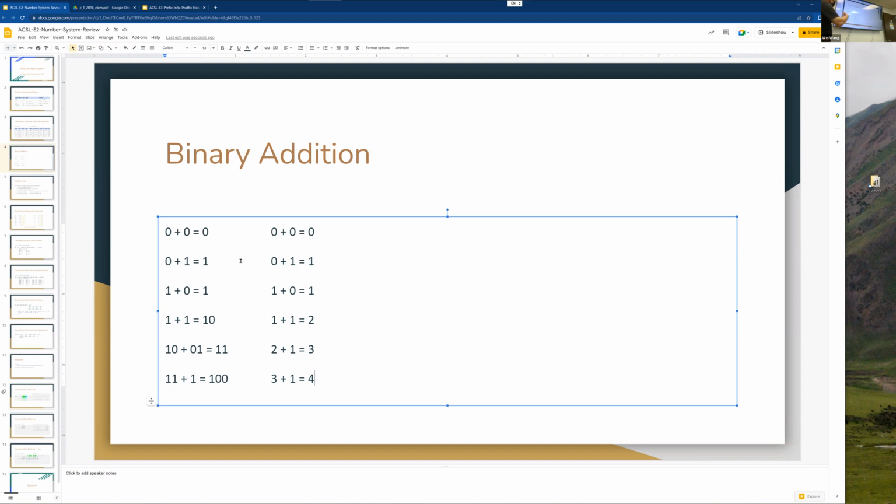So this is how these number systems work when you do incremental counting.